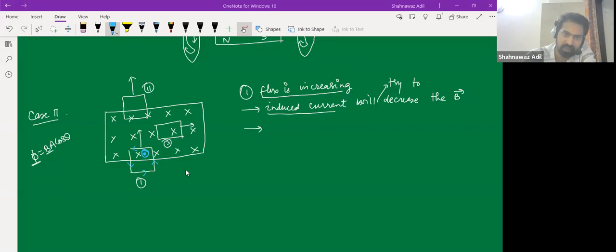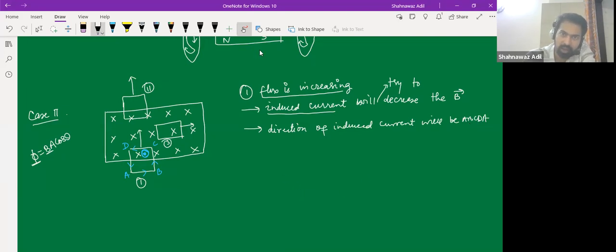Yes. So let me write the direction. Direction of induced current will be A, B, C, D. Understood?